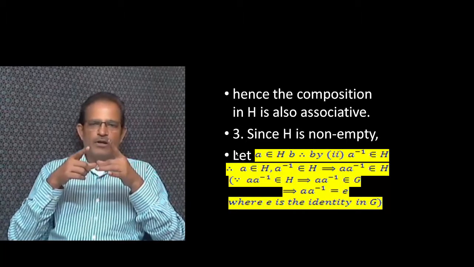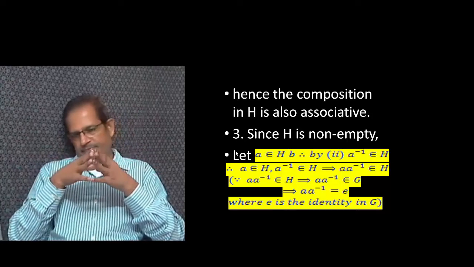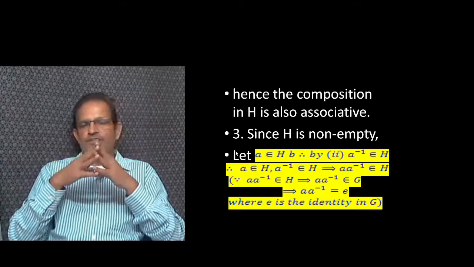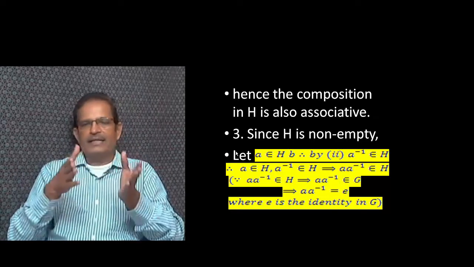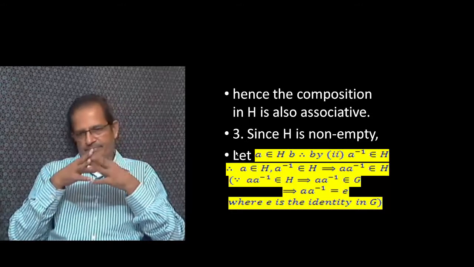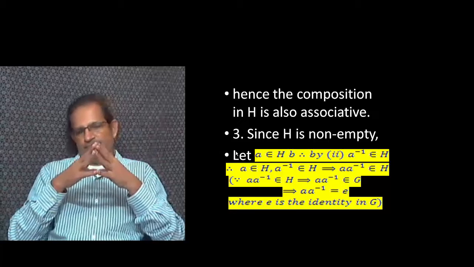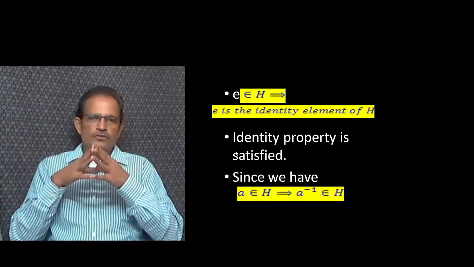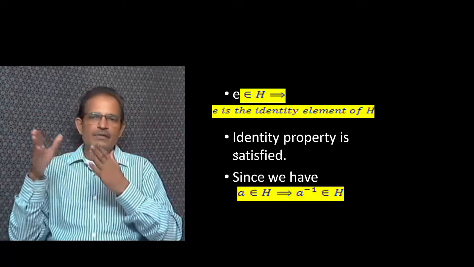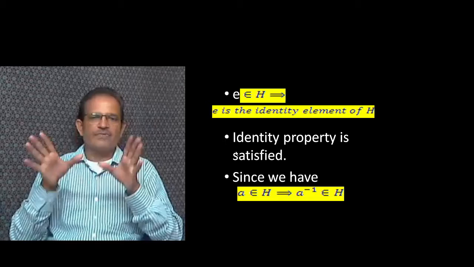Since A A inverse belongs to H implies A A inverse belongs to G. Because A A inverse is an element of H, it is also an element of G. That implies A A inverse is equal to E, where E is the identity element in G. So therefore E belongs to H. That implies E is the identity element of H. So the identity property is satisfied.